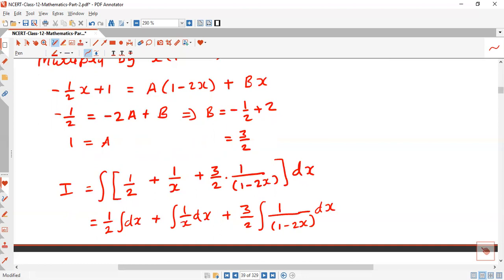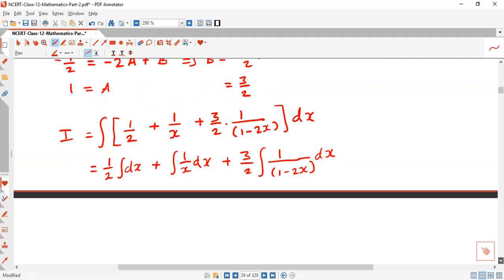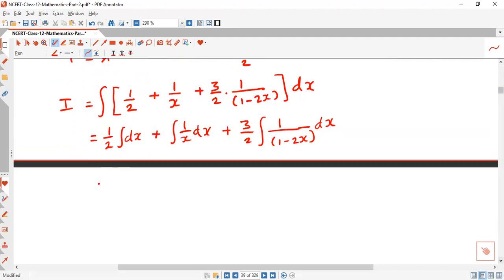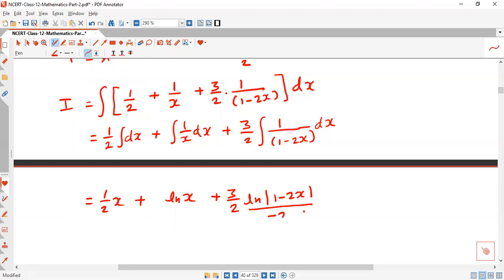Okay, now we are doing the integration. I can write down the integration directly. For the first one, half x. Second one, log x. For the third one, 3 by 2 log of the same value, 1 minus 2x, but you see the coefficient of x is minus 2, so the whole is divided by minus 2, plus some constant c.